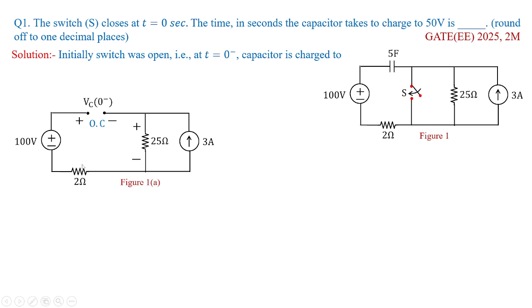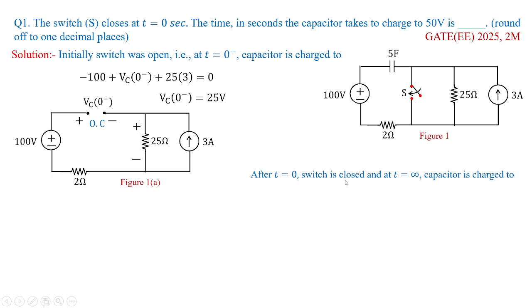So overall, going in a clockwise direction, you get minus 100 volts plus VC of 0 minus plus 25 multiplied with 3 equal to 0. You are going to get the value of voltage as 25 volts. So this is the voltage of the capacitor when the switch was open and the capacitor has reached its steady state.